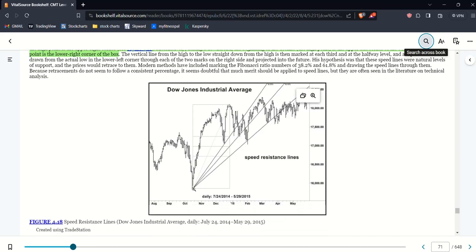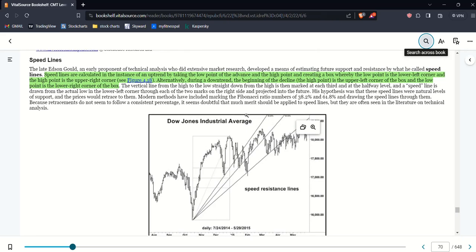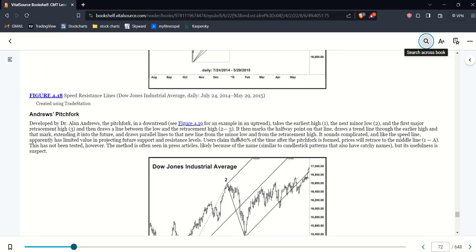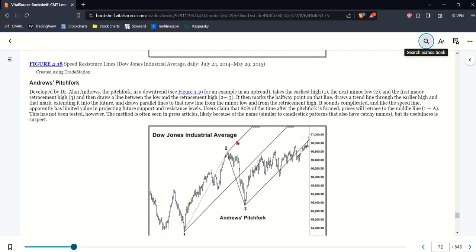From this trough, we'll connect the next highest peak and it will create a box. From the thirds to half, we'll draw three lines from this lowest trough. And this is called speed lines. This is theoretical, but as per the literature, we should be aware of it.